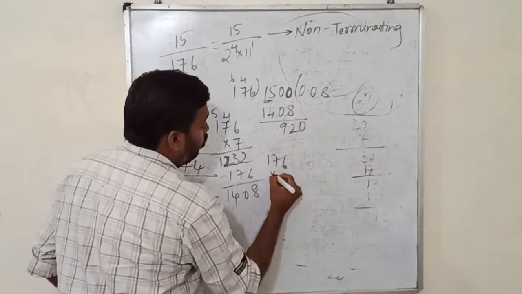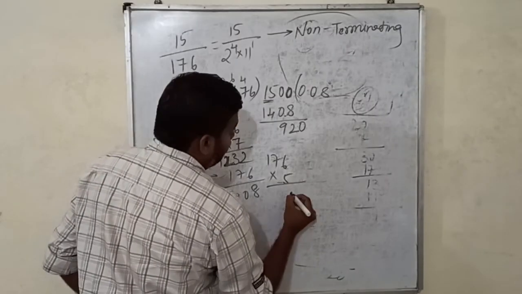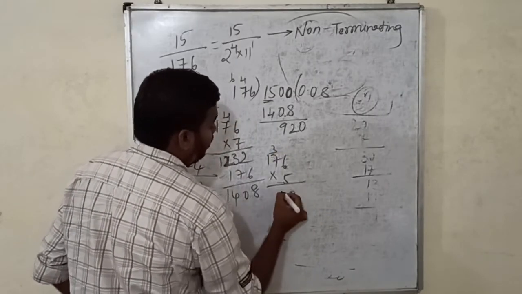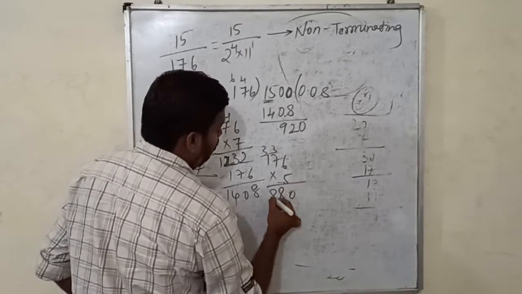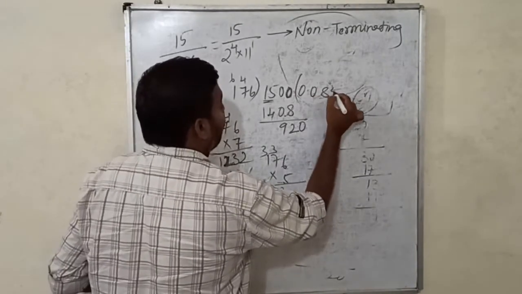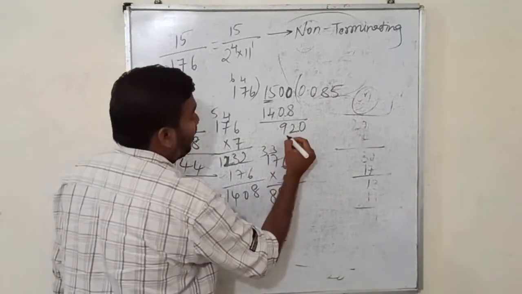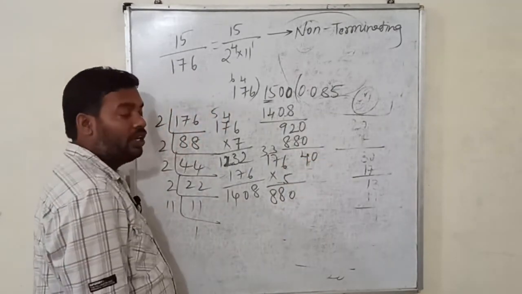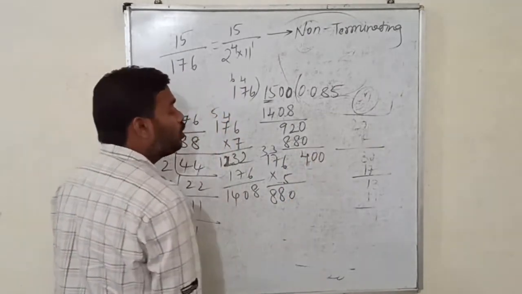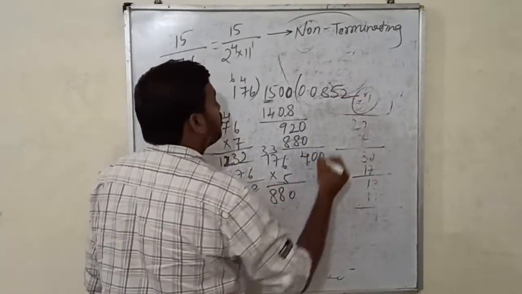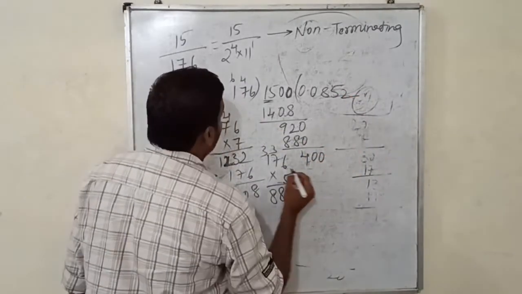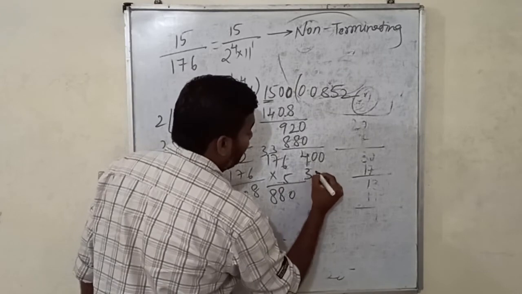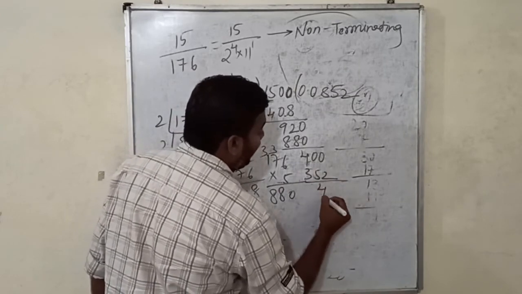Again go for the 30. 176 into 5, that will be 880. 40. Put a 0 again. 352. 48.